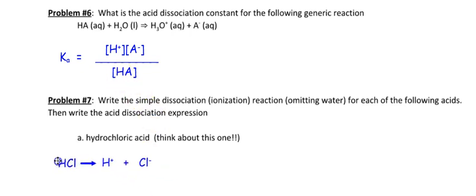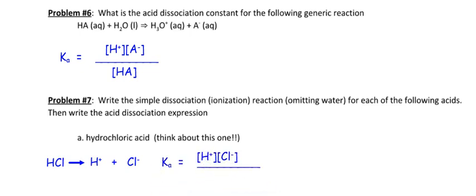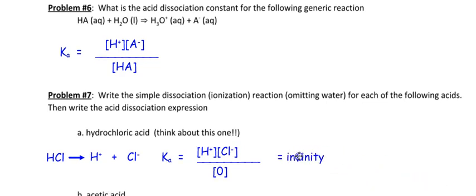So how is it going to split up into H plus and Cl minus? What is this? Single arrow. So if I were to do the Ka, isn't it products over how much reactant I have? I don't have any left. Remember, it's all gone. And what's that going to make? It's going to make infinity. So your Ka is your products over 0, which is infinity.